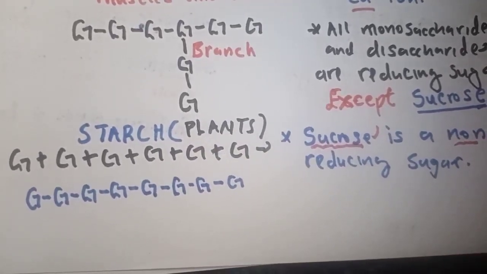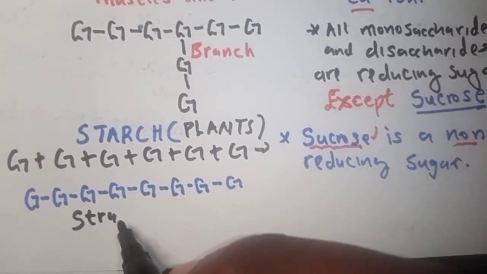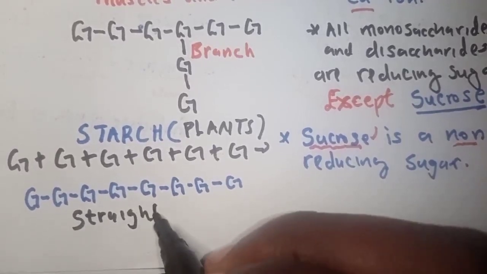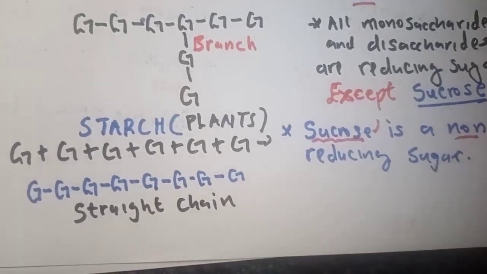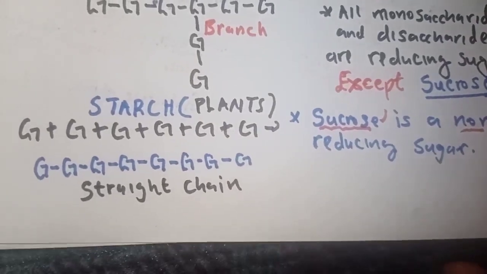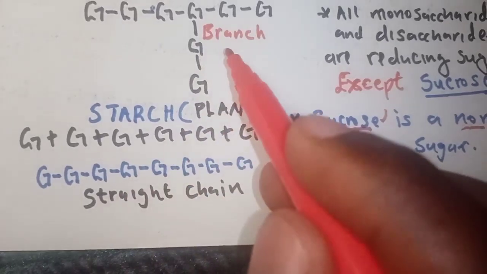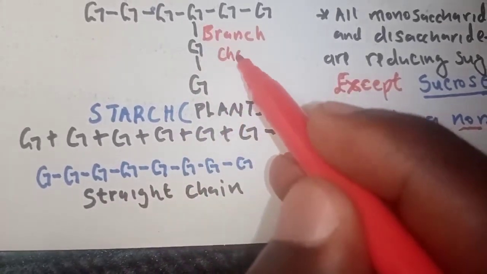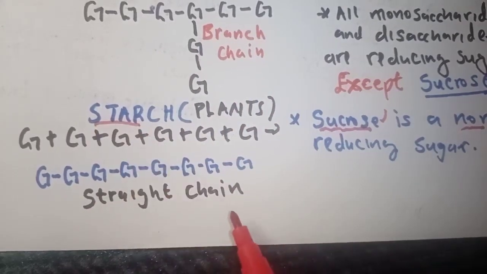It is simply a straight chain. So that's the difference between starch and glycogen. Glycogen is a branched chain. Starch is a straight chain.